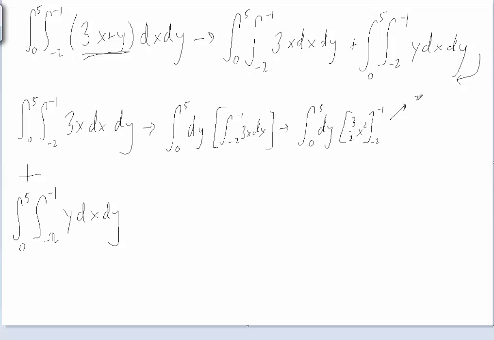That's 3/2 times -1 squared minus 3/2 times -2 squared, which gives us -9/2.